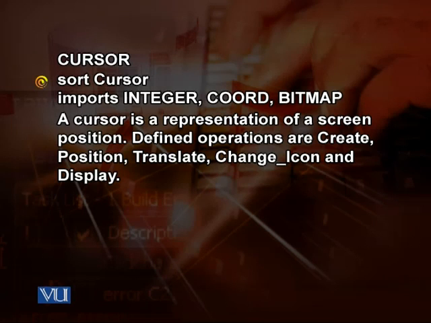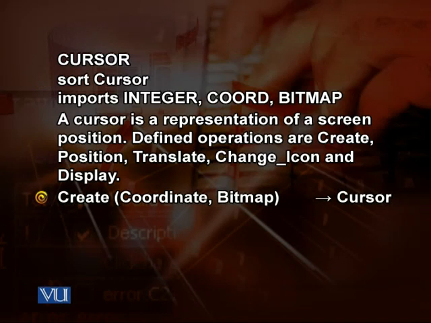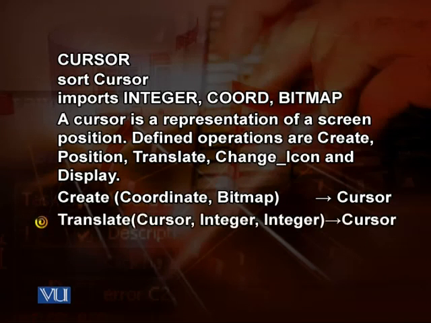So we have the methods supported by this cursor. The first one is create, which takes a quad and a bitmap and it gives you a cursor. The second is translate, which takes three arguments, cursor, integer and integer, and it gives you a cursor back. Basically, as we mentioned earlier, it moves the cursor a given amount in the X and Y direction. And change icon, which causes the cursor icon to be switched.